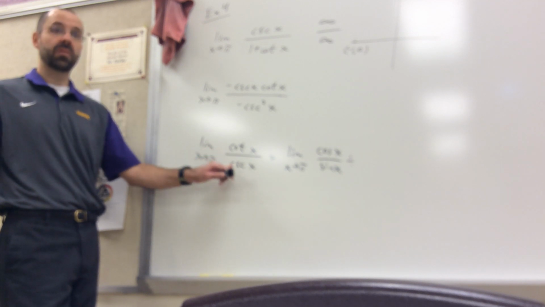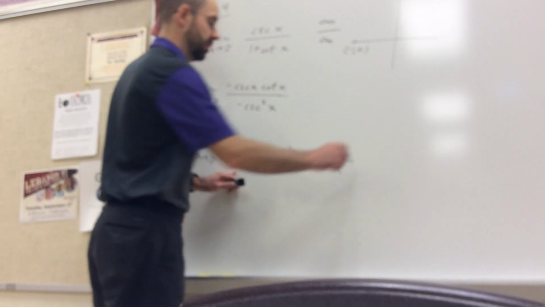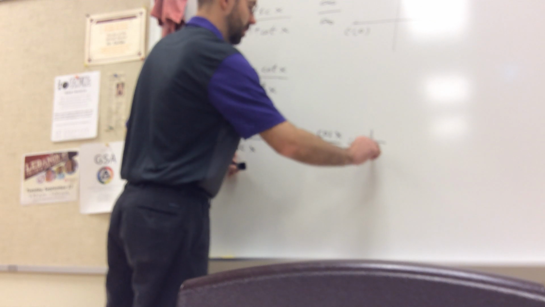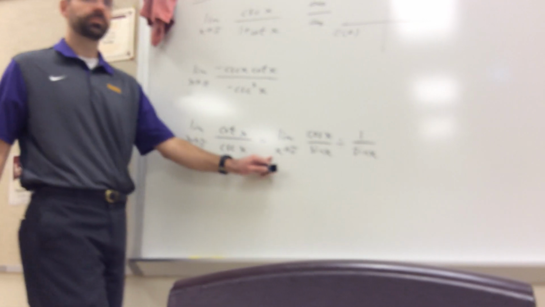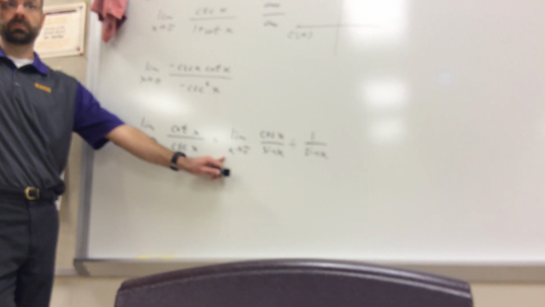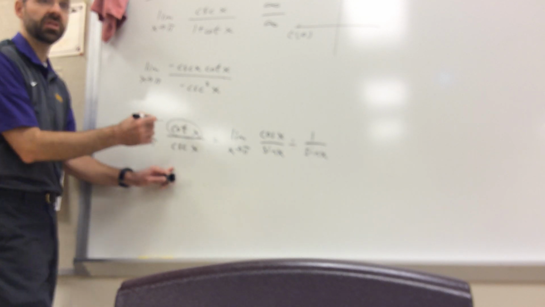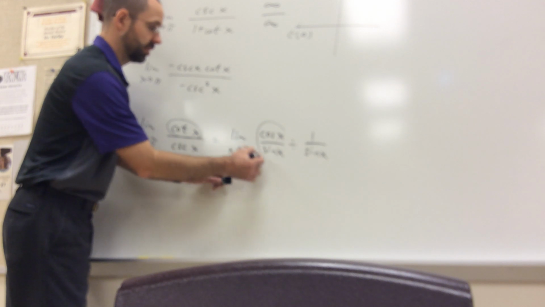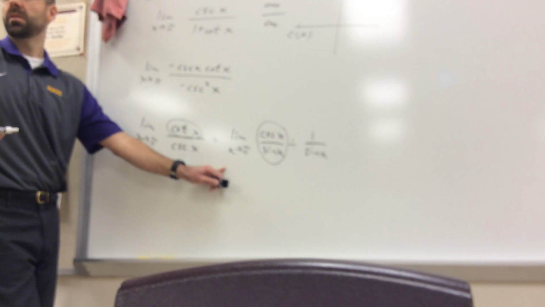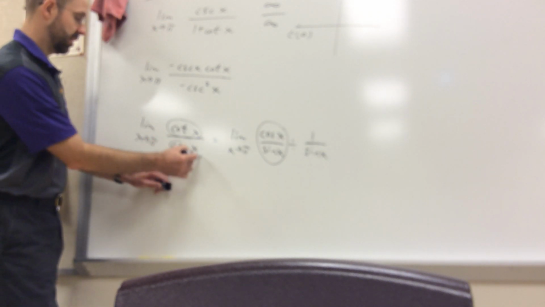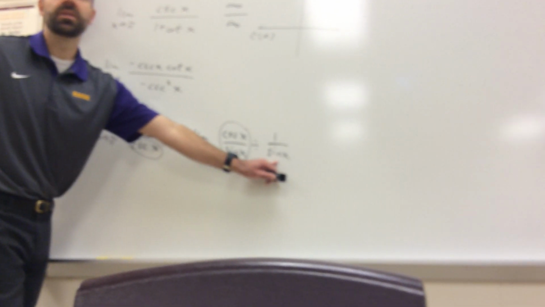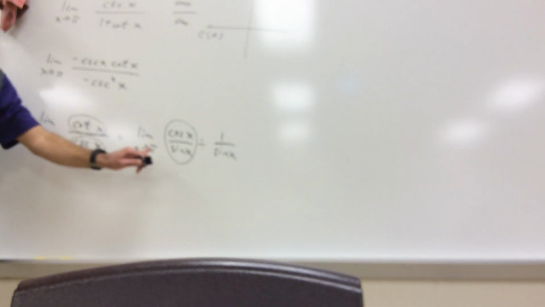So I'm dividing by 1 over sine. So this right here, cotangent, is this. And cosecant is that. And I'm dividing them.